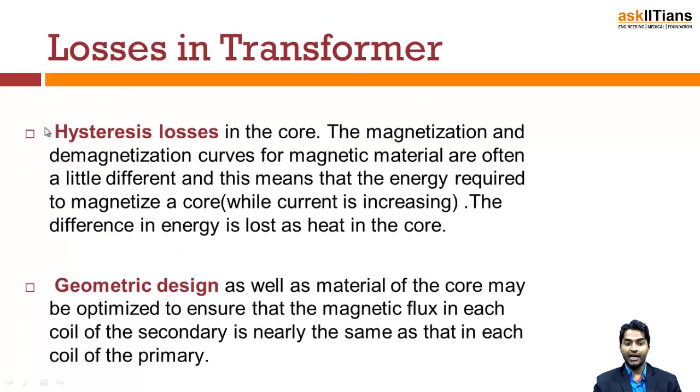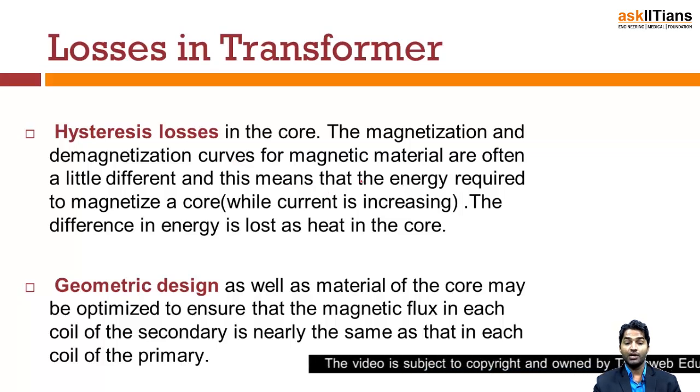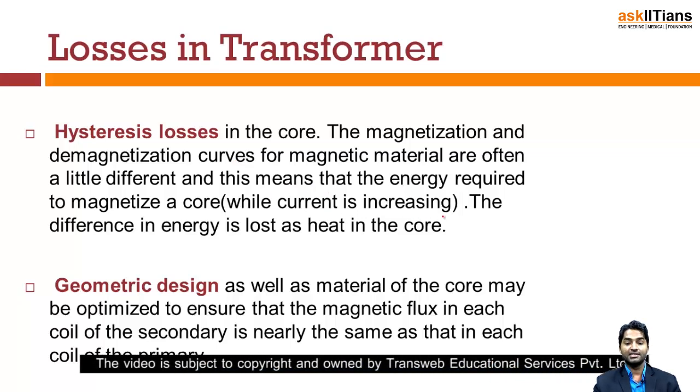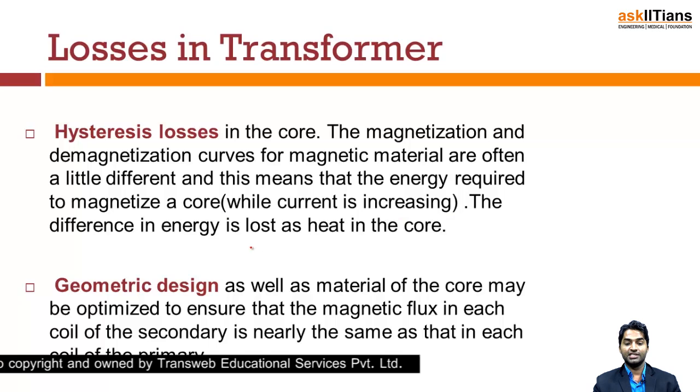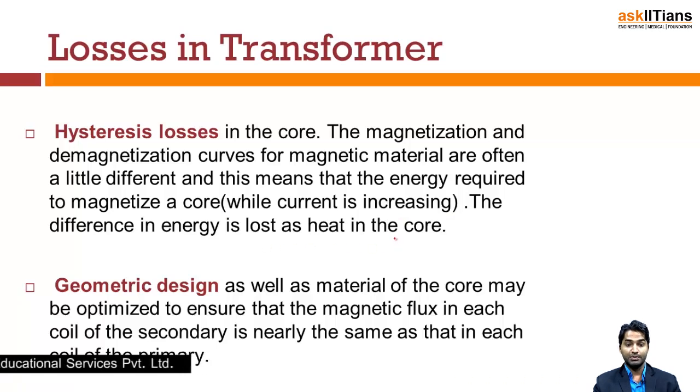Now we also have the third cause, that is hysteresis loss. The magnetization and demagnetization curves for magnetic materials are often a little different, which means the energy required to magnetize a core while current is increasing differs from that recovered when current is decreasing. The difference in energy is lost as heat in the core. So hysteresis loss is related to residual magnetism behavior.